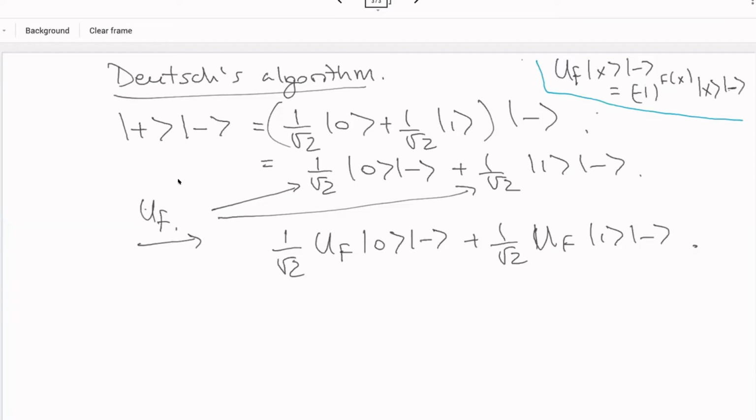Whenever I say U sub f, I mean sub for subscript. If it's better, I can call it UF. Sorry for the confusion. When I say U sub f, I always mean this unitary gate here. Sub f is for subscript f.